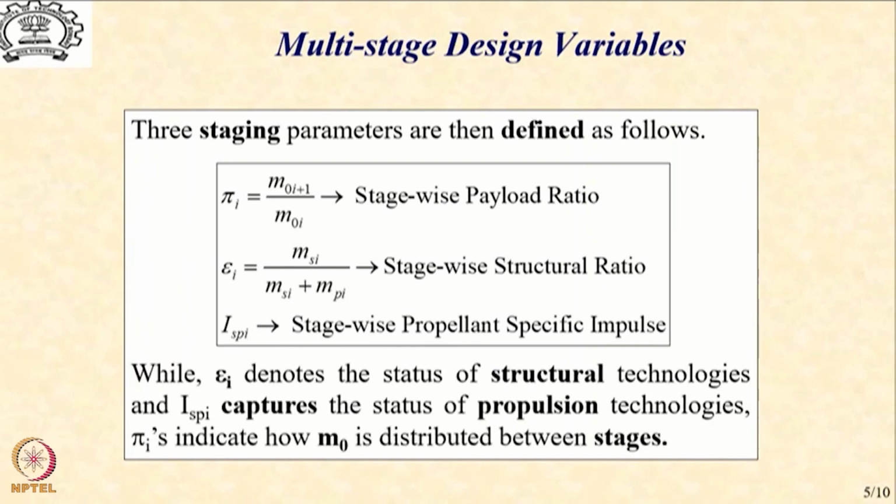I think it is also worth noting here that epsilon i's also indicate the status of the structural technologies. For example, whether we are talking about metallic structures, composite structures, or even framed structures or honeycomb structures, the epsilon i's will be different for each of those.